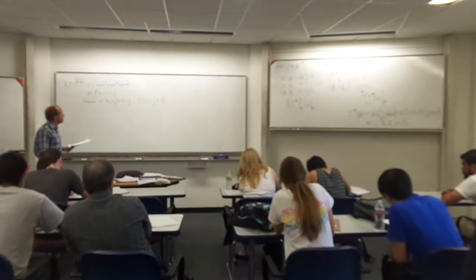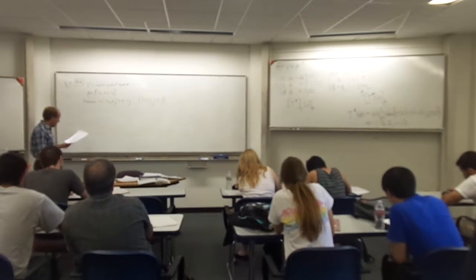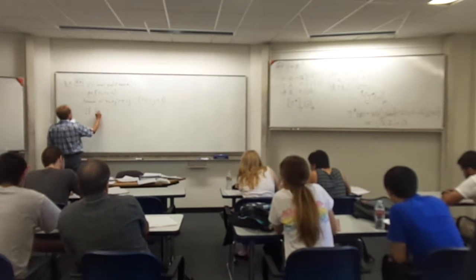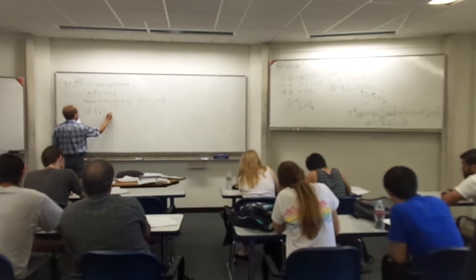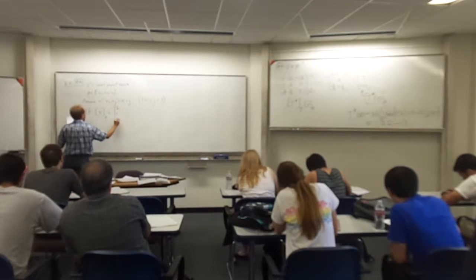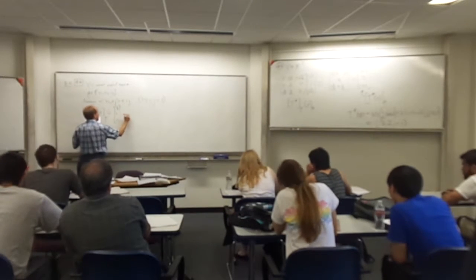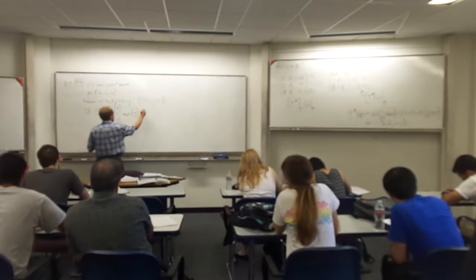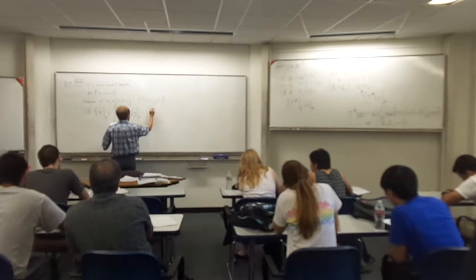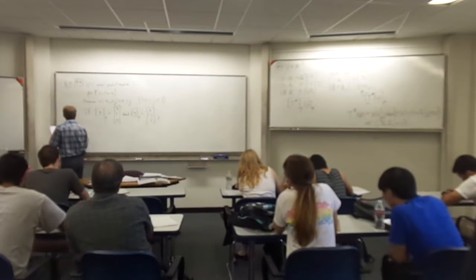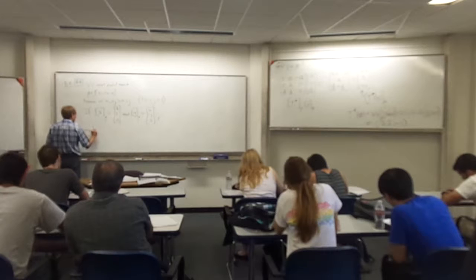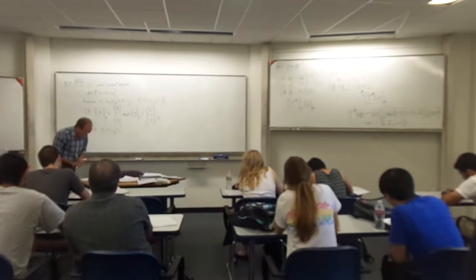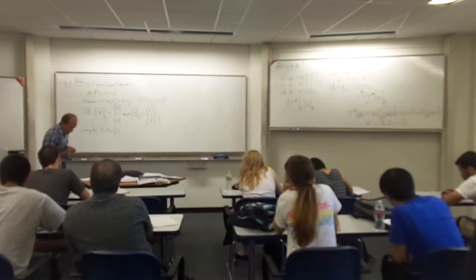So if i and j are between 1 and 3, assume that. And then if the coordinate vector of x relative to beta is (3, 1, 0), and the coordinate vector of y with respect to beta is (6, -1, 2), then let's compute the inner product of x with y. Okay, we'll try that.